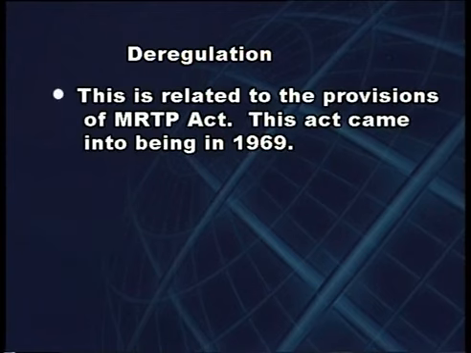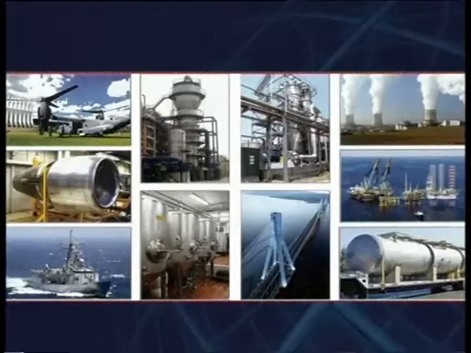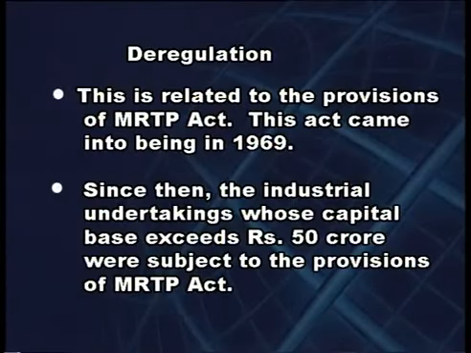This is related to the provisions of the MRTP Act. MRTP stands for Monopolies and Restrictive Trade Practices Act, which came into being in 1969. Its objective was to control the concentration of economic power in the hands of a few big business houses in the private sector. Since then, industrial undertakings whose capital base exceeded rupees 50 crore were subject to the provisions of the MRTP Act.